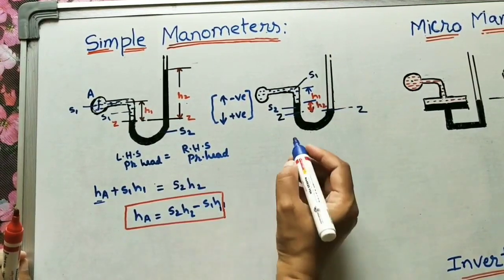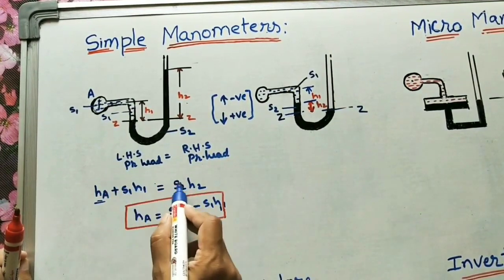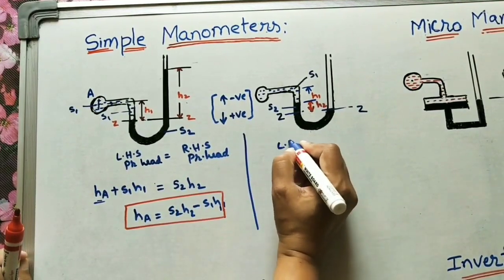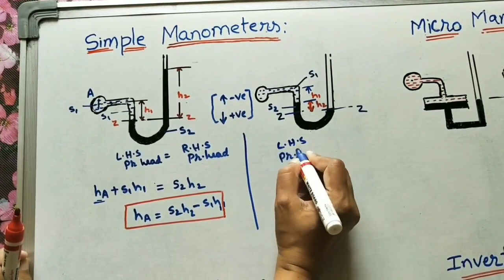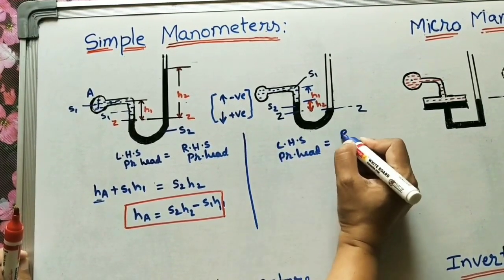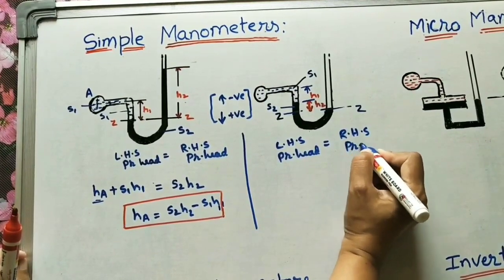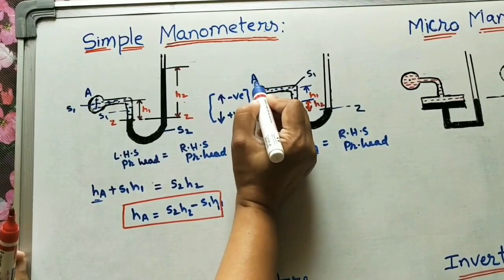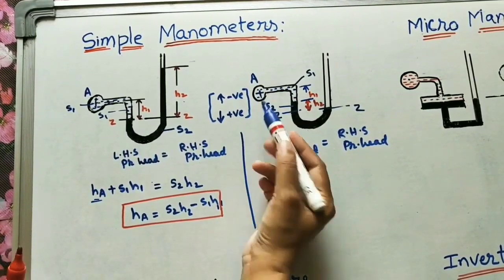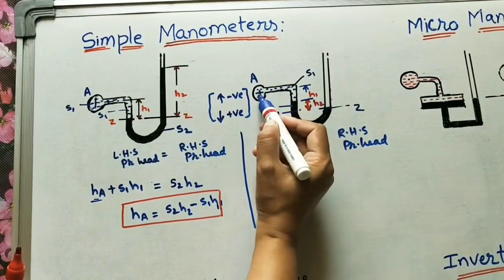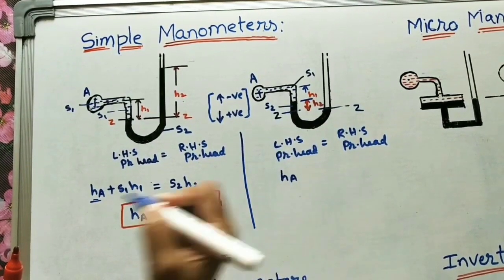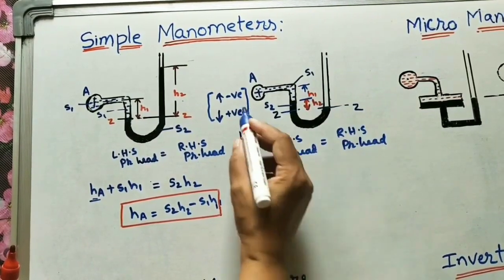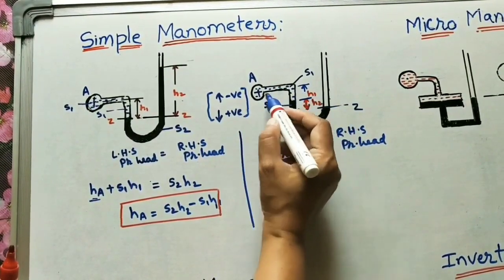In it also we have to assume the pressure equation: left hand side pressure head is equal to right hand side pressure head. Just draw one line here, LHS pressure head equals RHS pressure head. Now take this bulb connected at the center of the pipe A. Now we need to find the HA value. On the left hand side, I am taking the pressure head at point A as HA, and the next height H1 S1 plus will come, because these two heights are below this bulb.